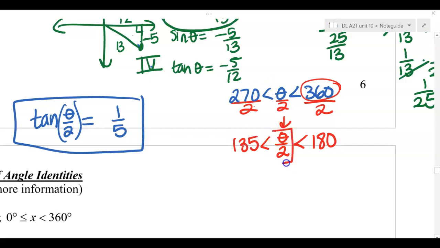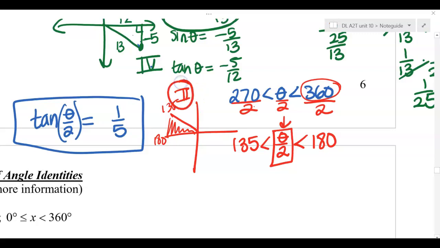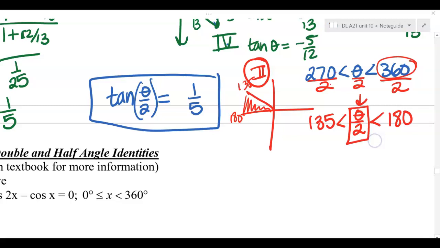So theta over 2 is between 135 and 180. 135 is here, 180 is here. So this angle that we're actually trying to calculate the tangent for is in this area. And the tangent in that quadrant, quadrant 2, would be negative, so this will be negative 1/5.